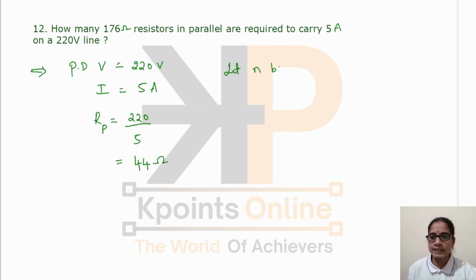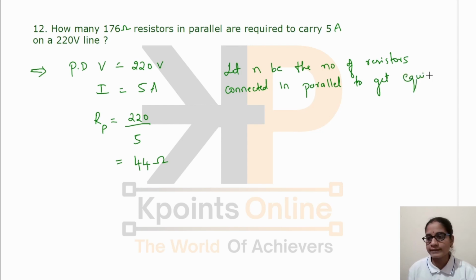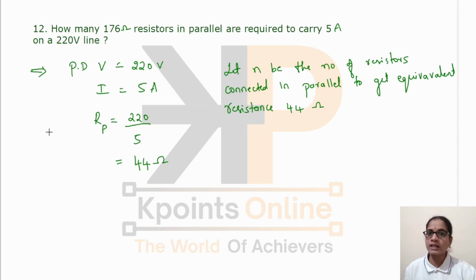Let n be the number of resistors connected in parallel to get the equivalent resistance or total resistance as 44 ohm. Now we know the formula for obtaining the equivalent resistance for a system of resistors connected in parallel.